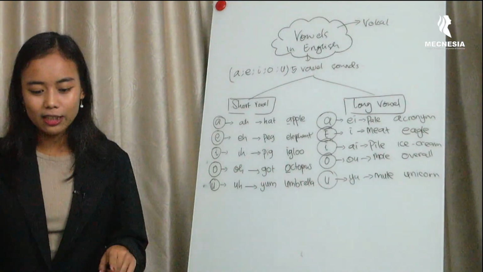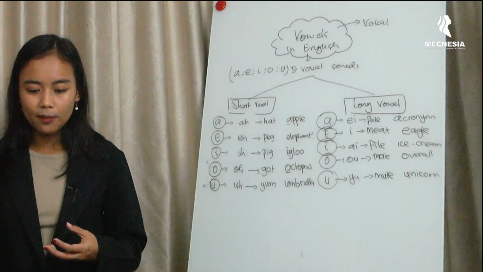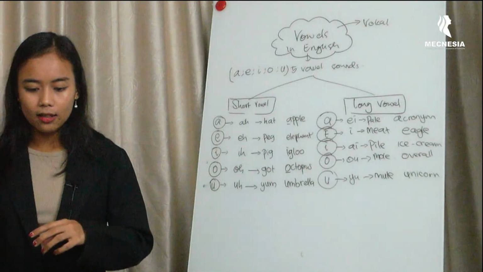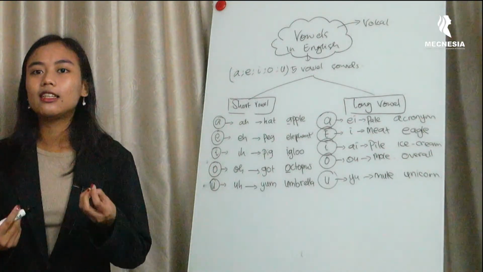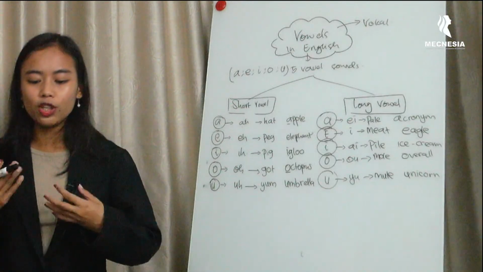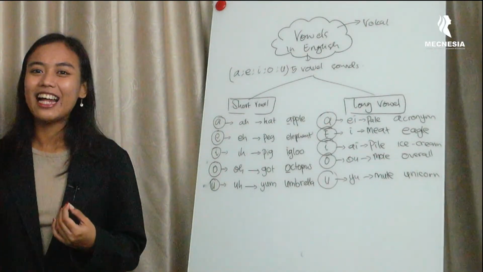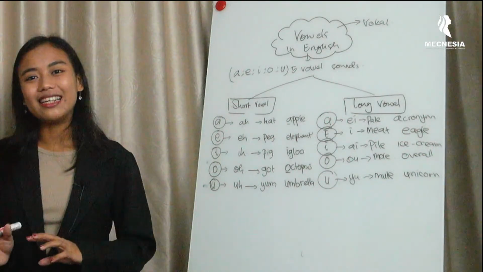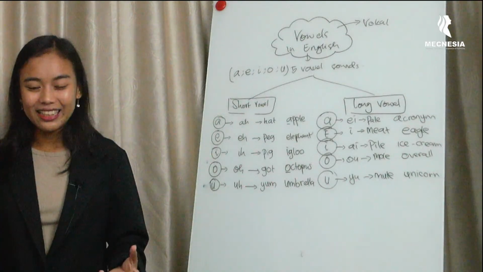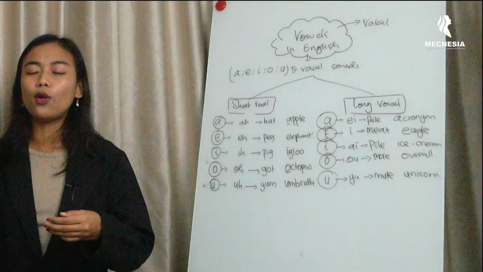And then the next one is when the E is in the end. Ketika huruf E-nya ada di akhir, but it's voiced, tapi dia dibunyikan. For example, me. Let's say it together, me. The next is when the E is followed by Y in the end.